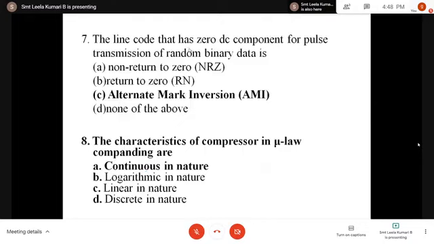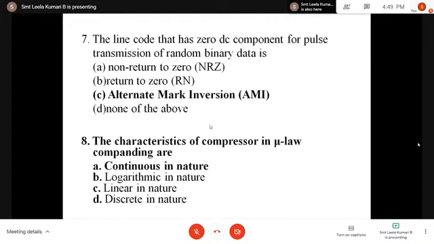The line code that has 0 DC component for pulse transmission of random binary data is. The line code which has 0 DC component is alternate mark inversion or pseudo ternary code, because the one is alternately represented by positive and negative pulses of half symbol width.